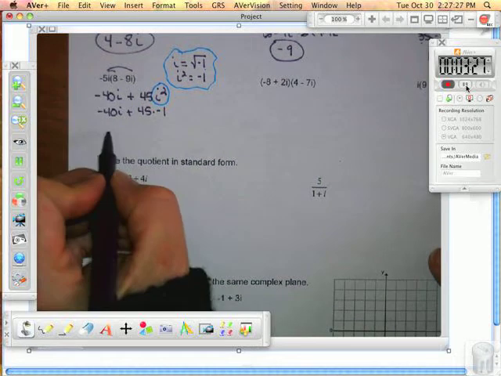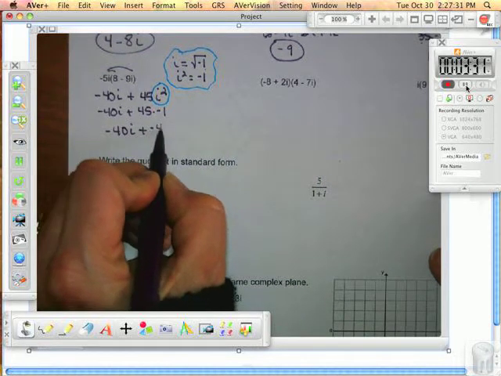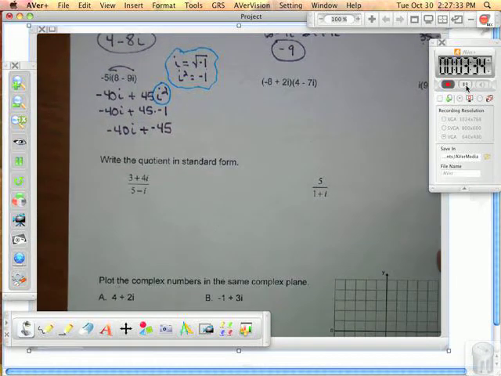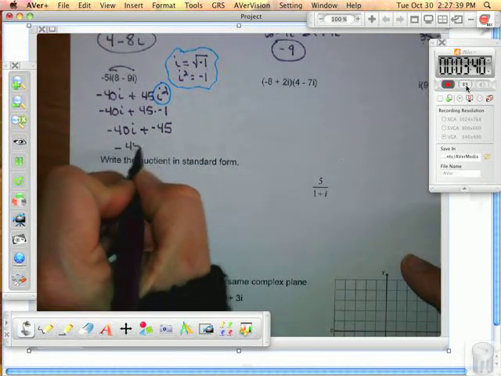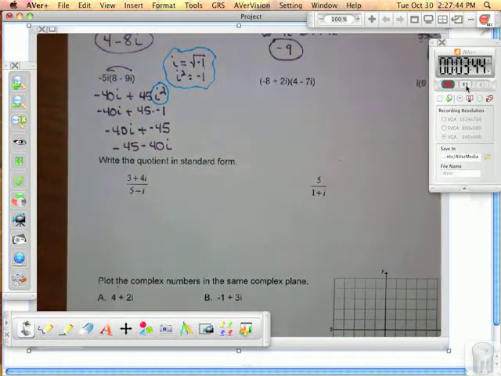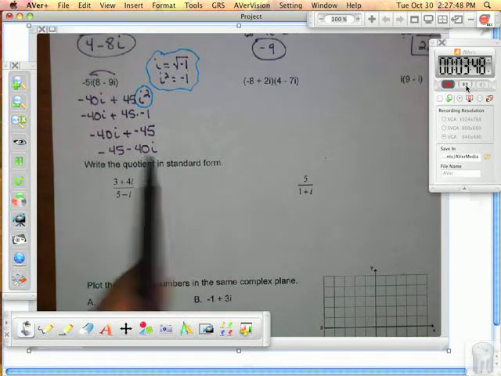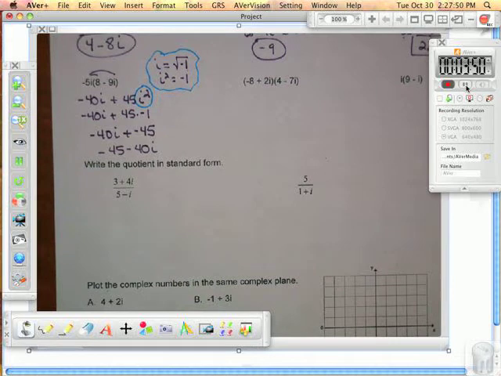It actually equals negative 40i plus negative 45, but you switch it around: negative 45 minus 40i. Why switch it around? The standard form has the real number first and then the imaginary term. So really, this is just about working with this unit.